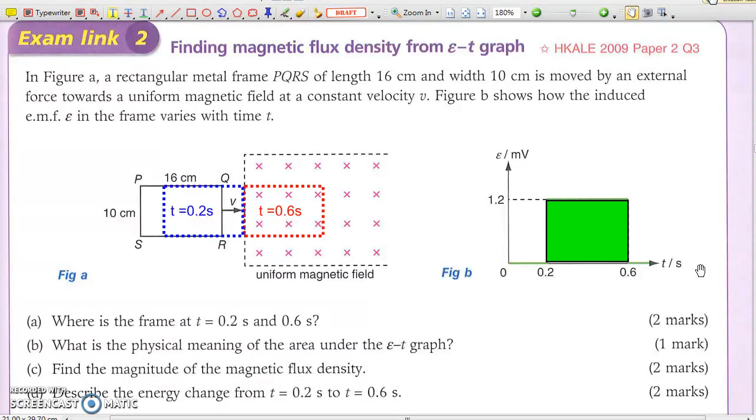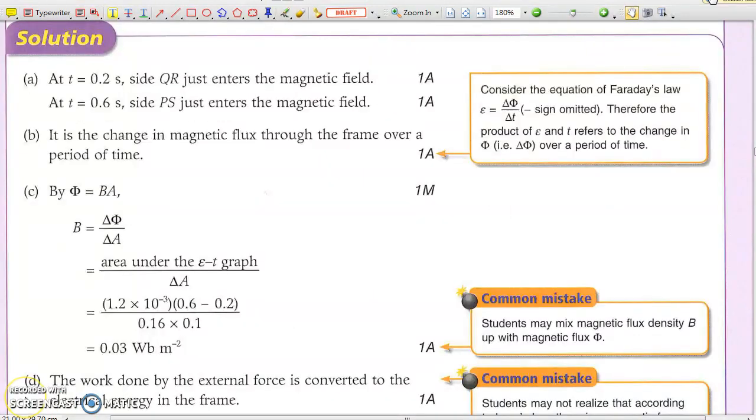The area under the graph equals epsilon T, which is, by Faraday's law, delta phi, or simply phi, which means change in magnetic flux linkage from 0.2 to 0.6 seconds, as experienced by the rectangular coil.